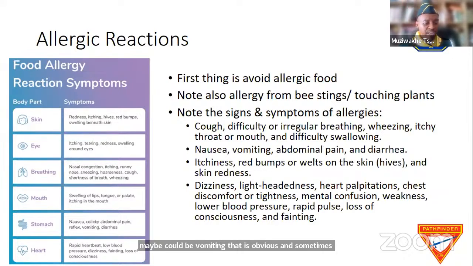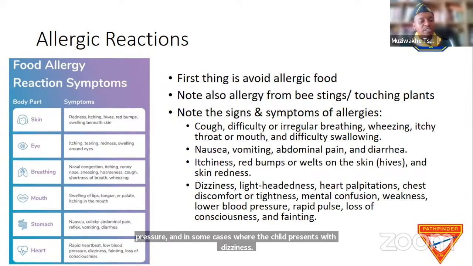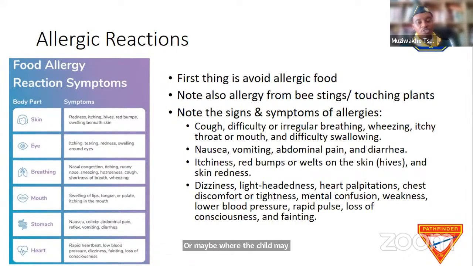And with regard to the heart, what we need to be aware of is the rapid heart rate. In some cases, the child presents with low blood pressure, and in some cases the child presents with dizziness, or maybe the child may faint, or they have a loss of consciousness. We need to be aware of this.